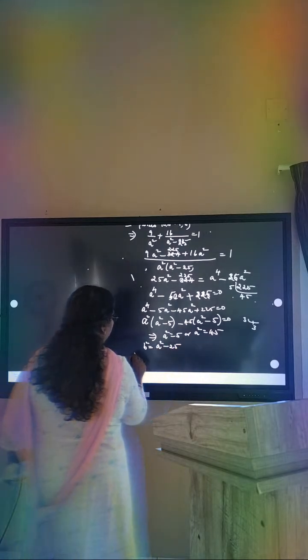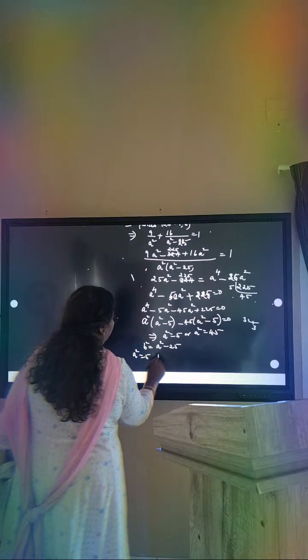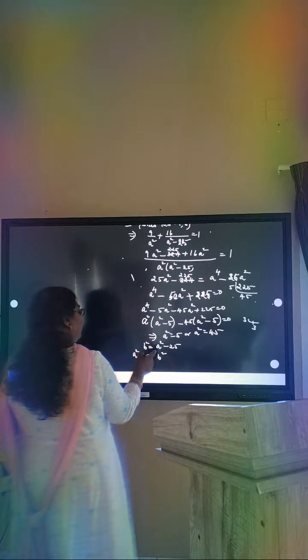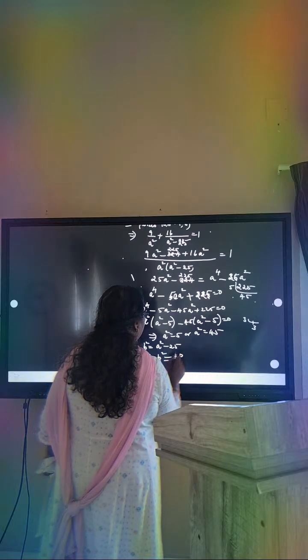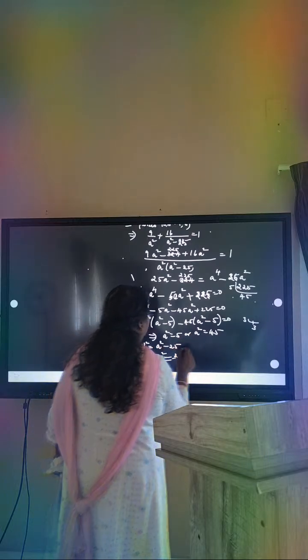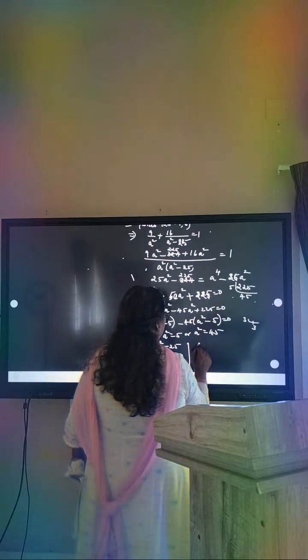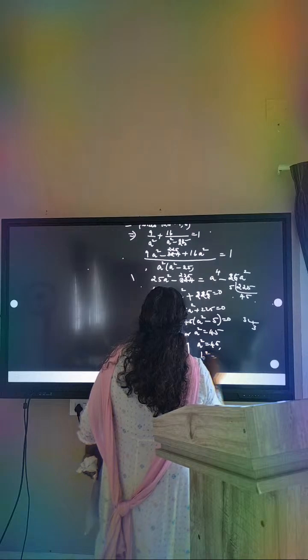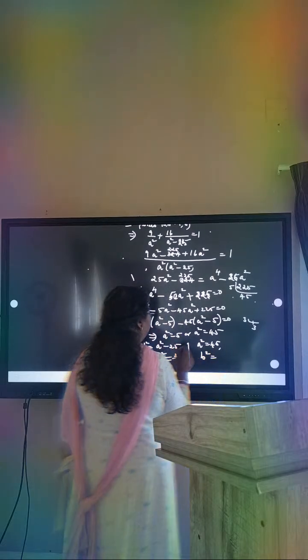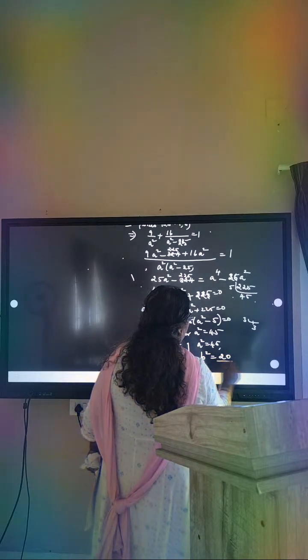So if a squared is 5, then b squared is equal to 5 minus 25, which is minus 20. It cannot be negative, so consider this alone. If a squared is equal to 45, then b squared is equal to 45 minus 25, which is 20. Okay? Right.